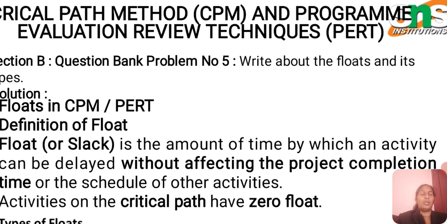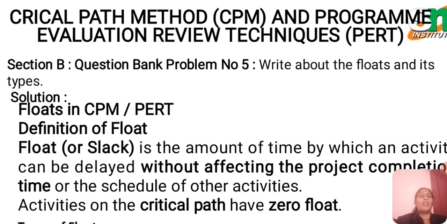For example, if 1 to 2, 2 to 4, 4 to 5 give zero float, then that path is identified as the critical path. So I think this will be useful in finding the critical path and free float. Thank you for watching this video.